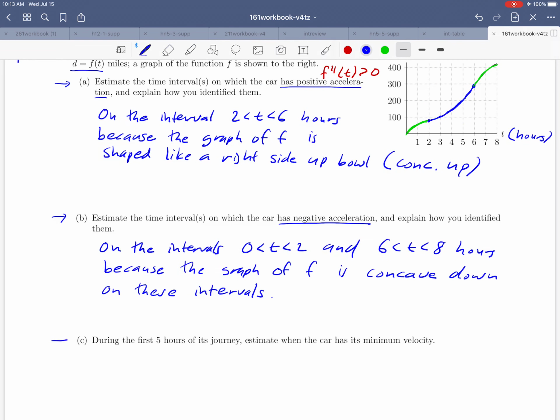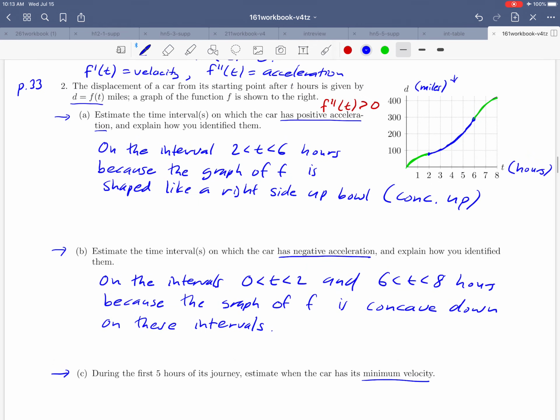All right, and then finally, part C asks us, during the first 5 hours of its journey, could we estimate when the car has its minimum velocity? First, remember, they're asking us to just look at the part of the graph between 0 and 5, so the part of the graph to the left of that dotted line that I just drew. And velocity, remember, is about the first derivative, which graphically would just be the slope.